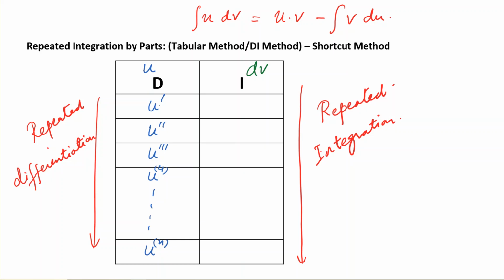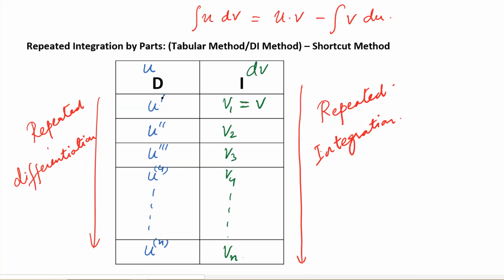Similarly, in the second column, the I column, we're going to take the integrals of dv. So first integral, let's say v1, then second integral v2, third integral v3, v4, and so on. You can keep going. Once we have found all the derivatives and integrals, in the case of repeated integration by parts, we multiply diagonally.